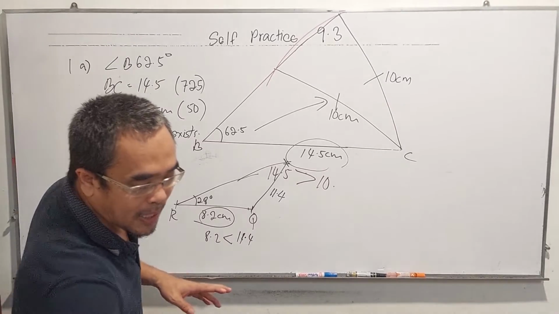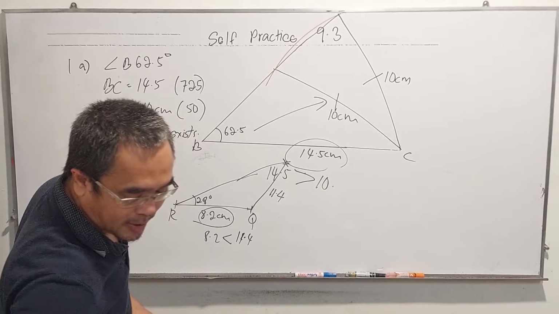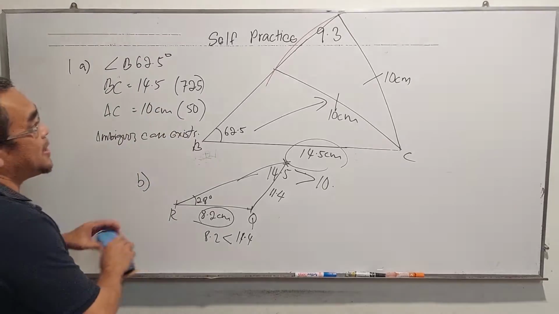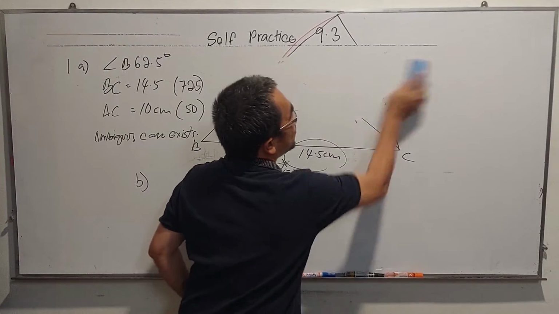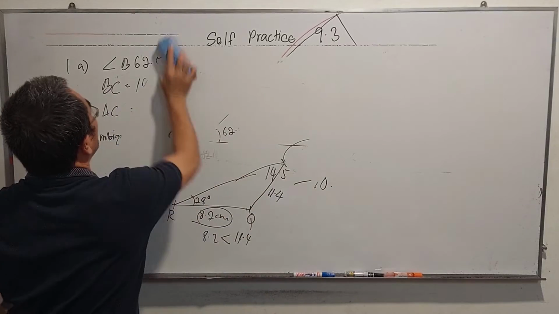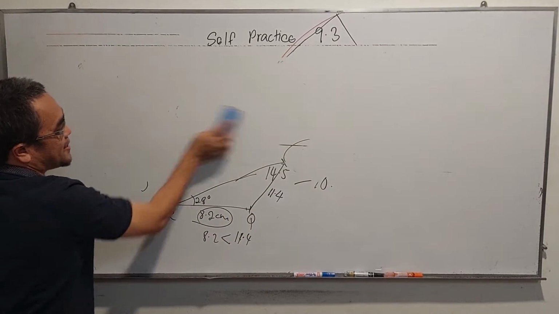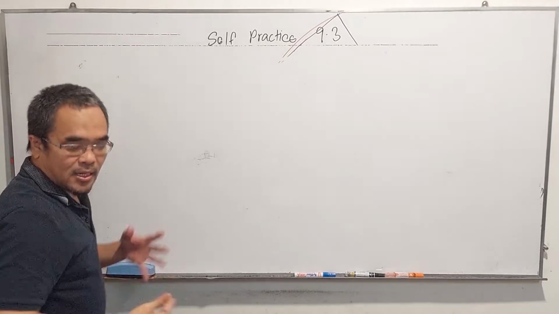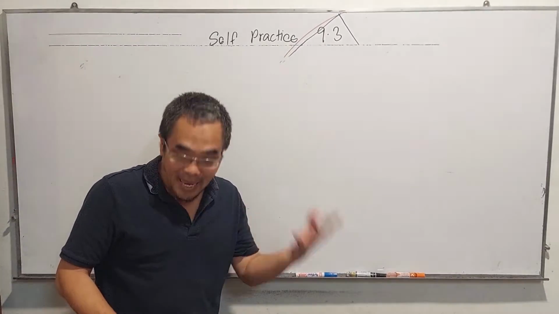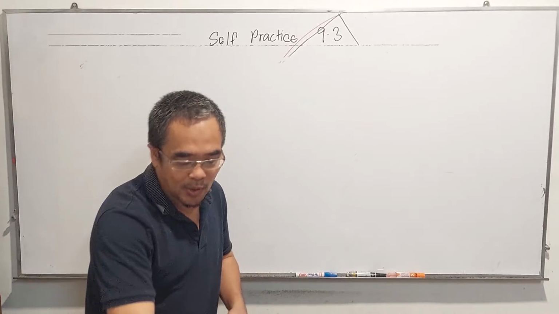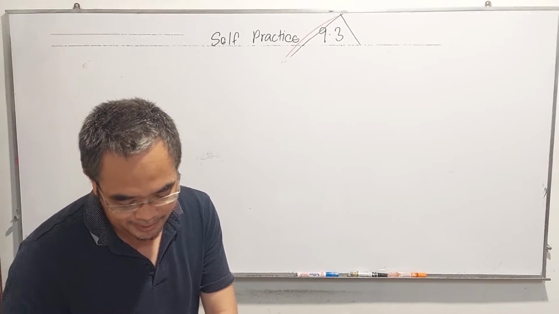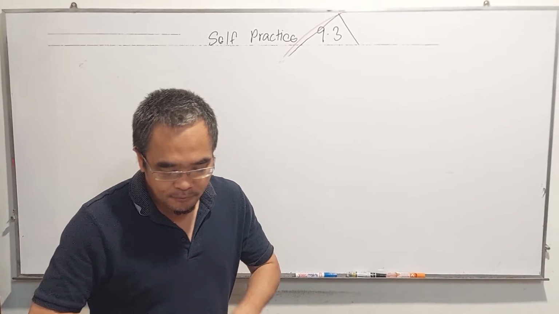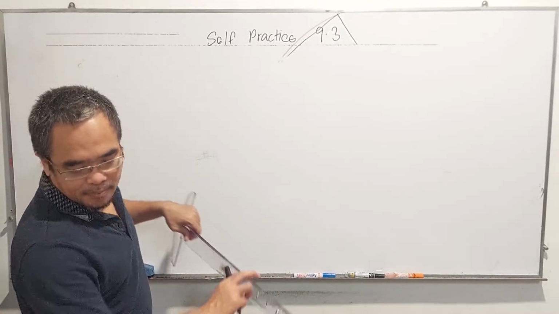Okay, but that one is not that very important compared to number 2. Because when they say about the ambiguous case, there it will exist. Okay, so let me show you how to calculate. Okay, first let's draw that PQ.